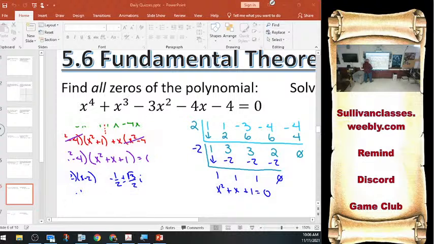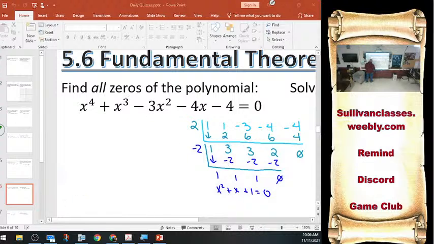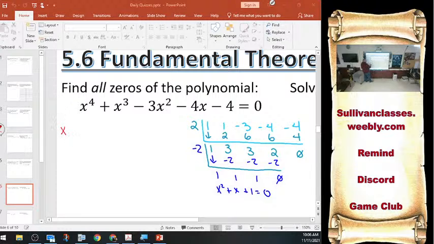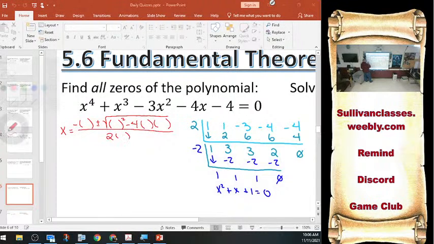Since no one did factoring, we'll just get rid of that. I'm guessing no one did complete the square either. Anyone? Okay. x is negative b plus or minus the square root of b squared minus 4ac, all over 2a.